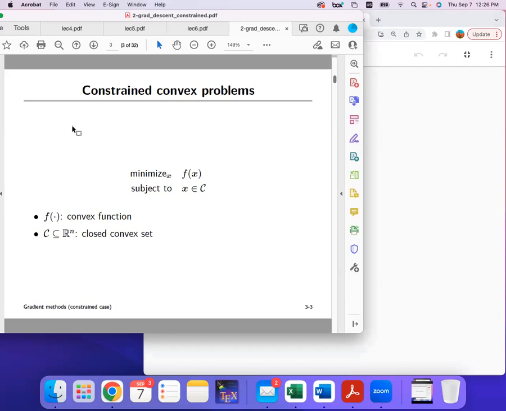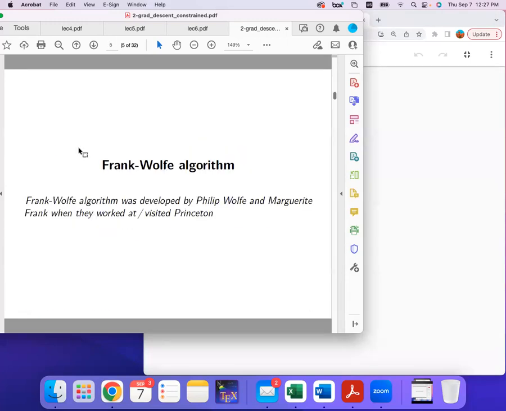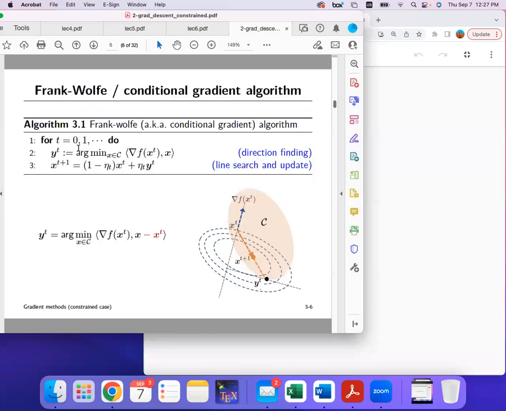Constrained convex problems, we talked about last time. Well, this X is restricted in a closed convex set. And the first algorithm we introduced was the Frank-Wolfe algorithm. The main step of the algorithm is to solve this constrained linear problem.